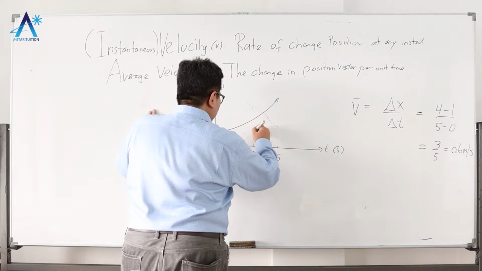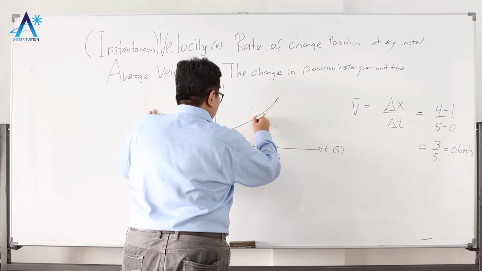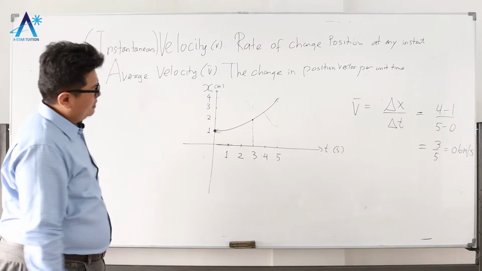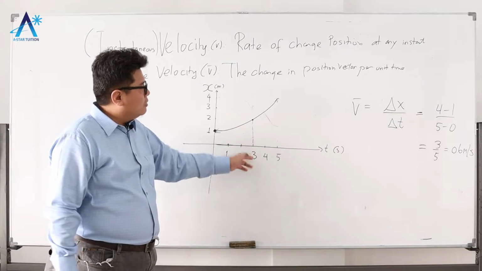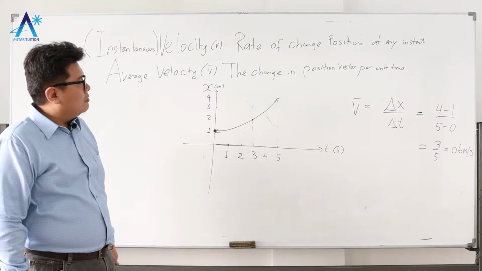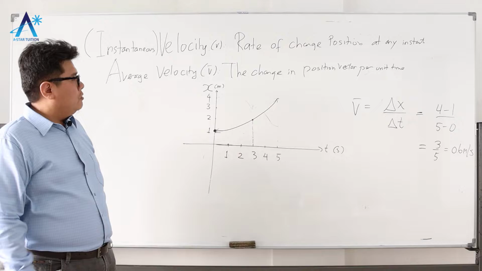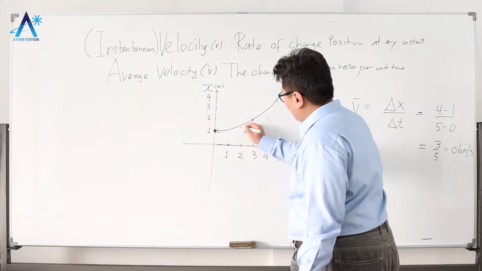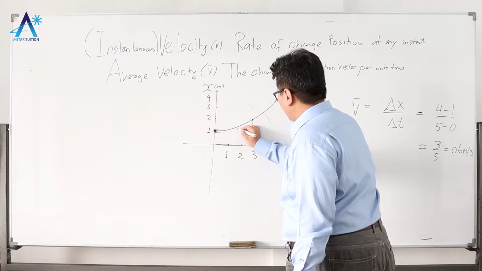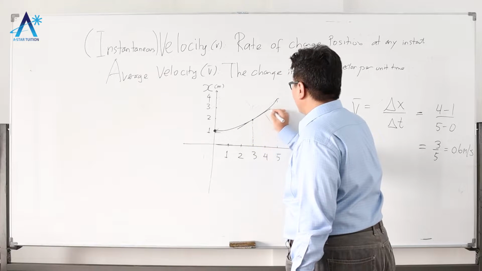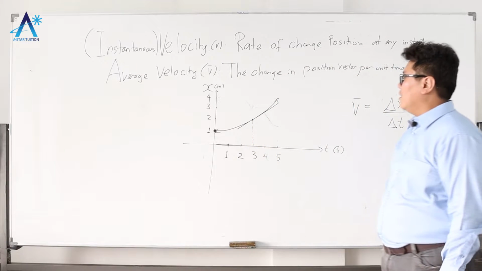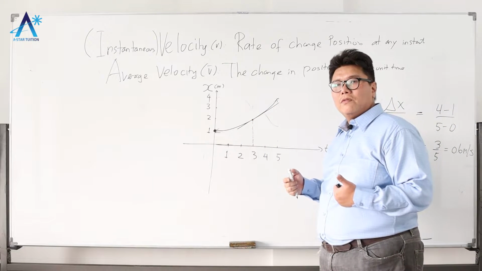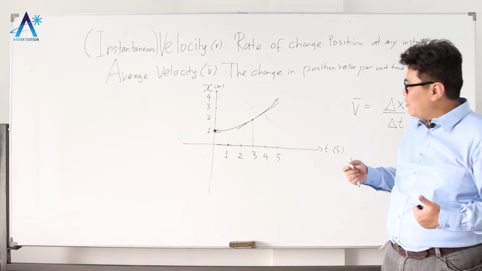What you need to do is locate the position at t equal to 3. After that, you need to draw a straight line, a straight tangent line. When you do that, this straight line will have its slope as well, its gradient.